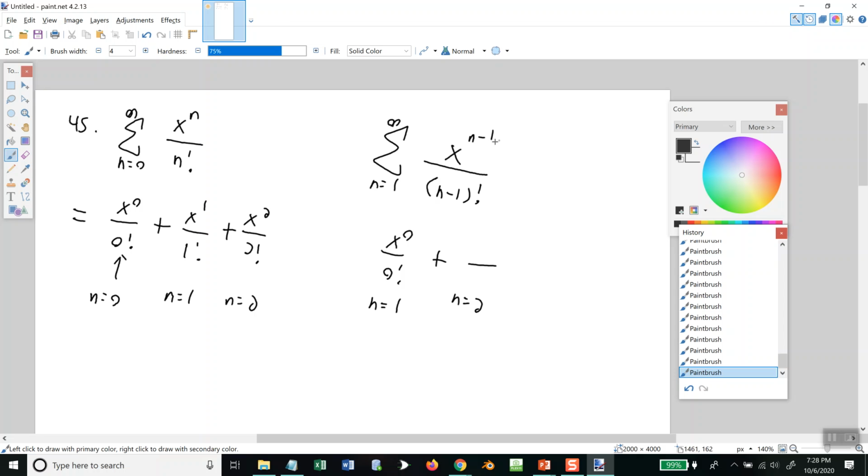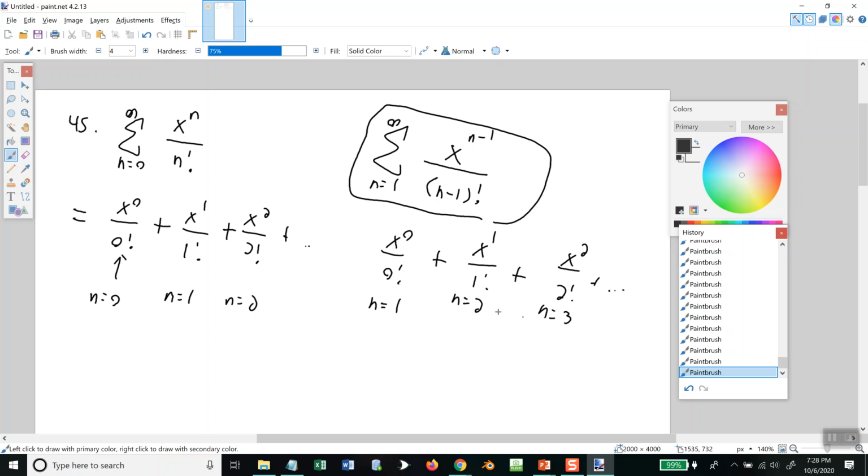If I plug 2 in, 2 minus 1 is 1, so that's x to the first, and 1 factorial. And if I plug in n equals 3, 3 minus 1 is 2, so I got x squared and 2 factorial, and so on. And I see that this gives me the same summation, doesn't it? The idea behind that is that you could then freely use this one or this one because they're the same.